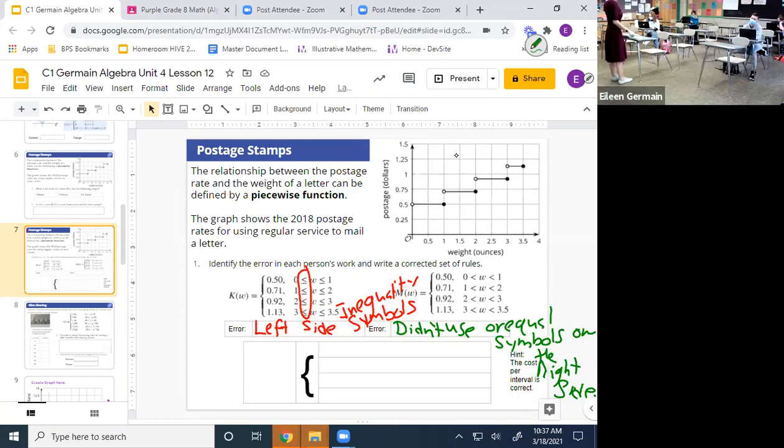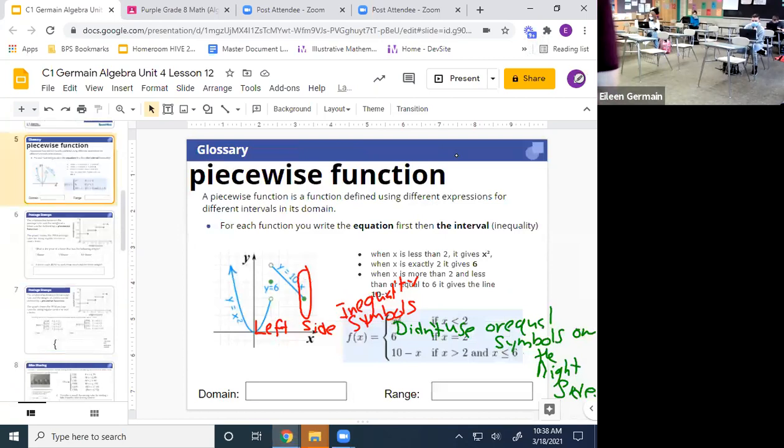No? Okay. So now it's going to be our job to rewrite this piecewise function. And I want to go back for 1 second and review how we write piecewise functions. Each one of these lines of the piecewise function has to have two pieces on it. It has to have the equation, or in this case, the value that it's going to be equal to.